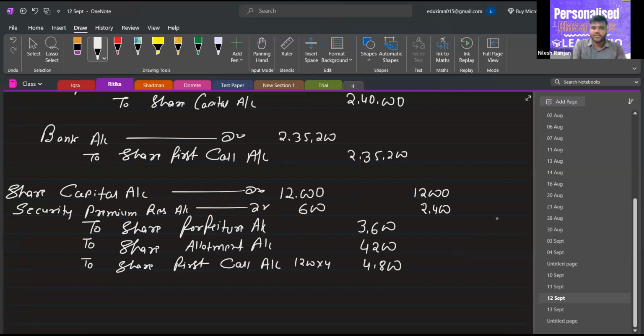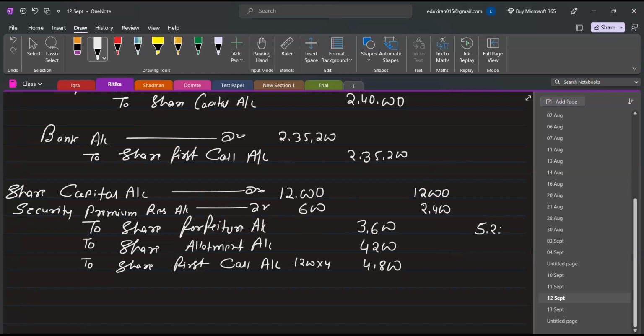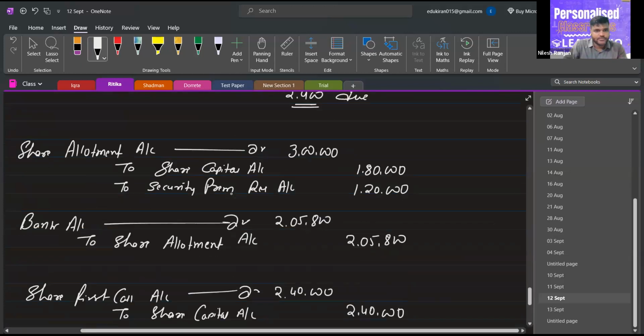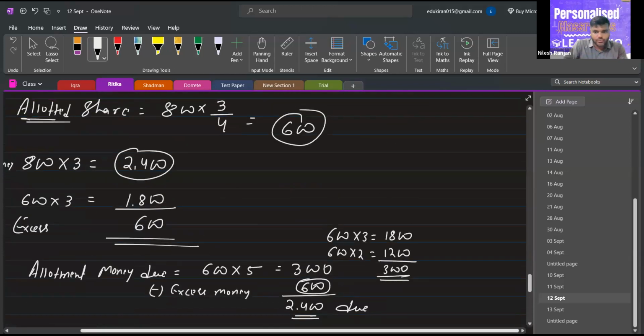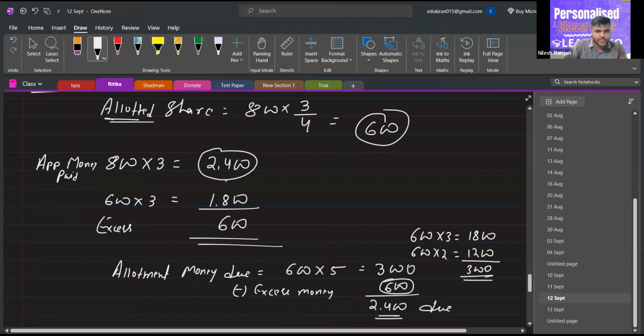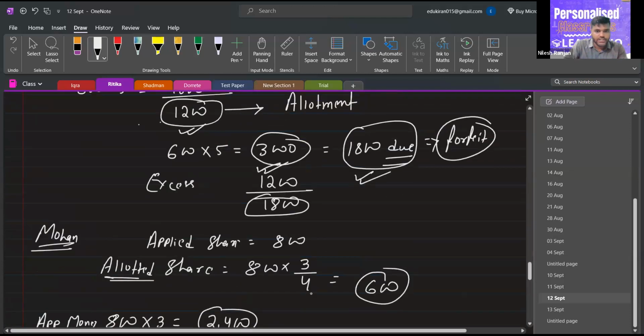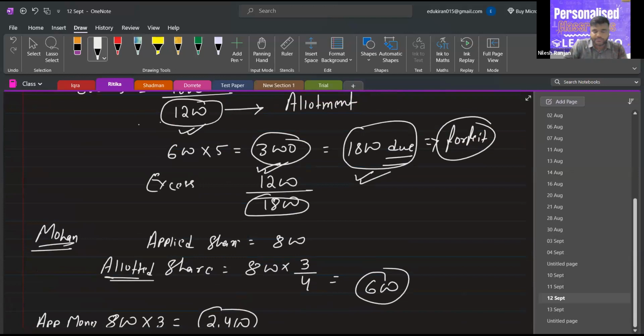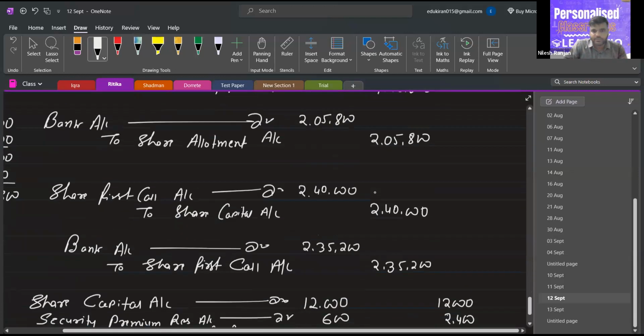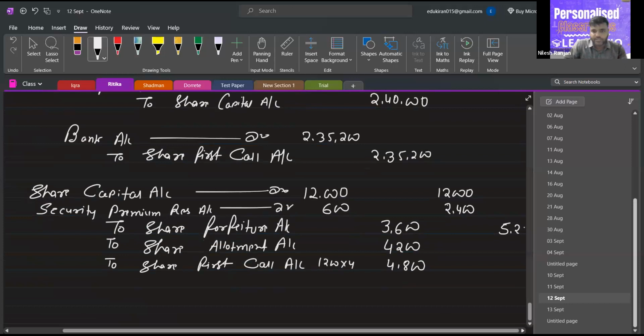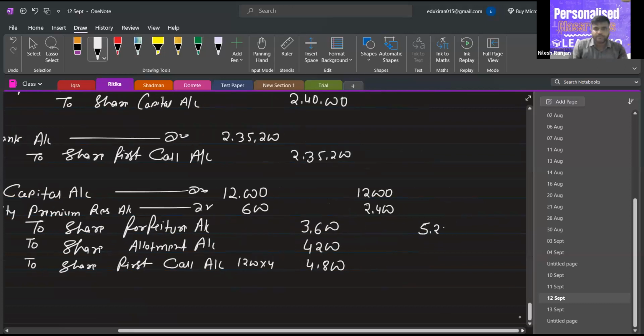So on application money, Mohan has paid 2,400 and Sohan has paid 3,000. So Mohan and Sohan combined have paid 5,400.